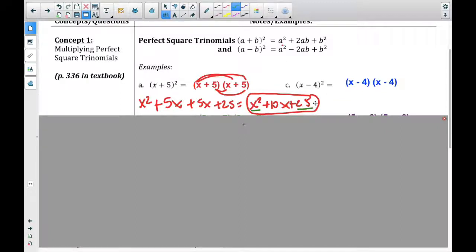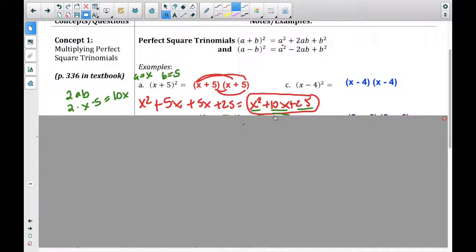That goes there. The one that people forget about is the middle term, so let's talk about how we can get that. The middle term is 2ab. In this example, a is x and b is 5. So 2ab is 2 times x times 5, which is 10x.